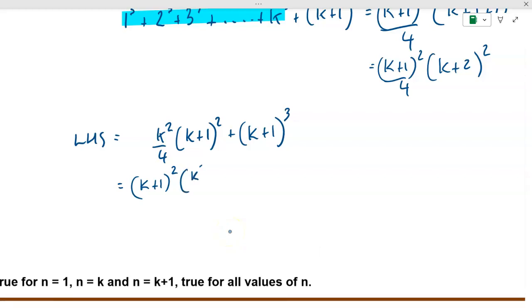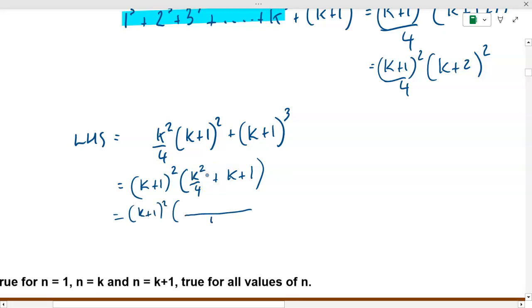In this case, I'm going to end up with k squared on 4 plus, and my factorised k plus 1 squared here, I've still got a k plus 1 left. So what I'm going to do with this second bracket here is pop it over a common denominator of 4. So I'll leave my k plus 1 squared.